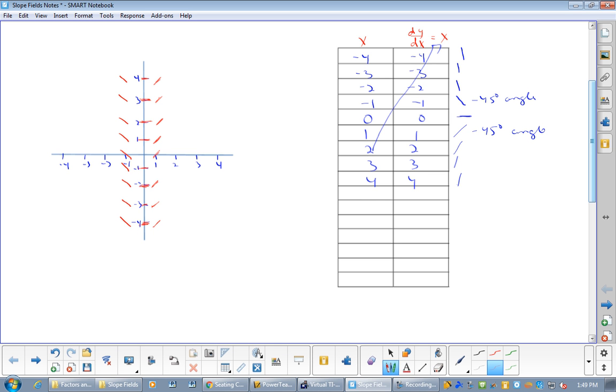Now at 2, the slope is 2, so it's just going to be a little bit steeper than the last one. Oops, and it's tough to just eyeball this, right? You don't want to be too steep because we still have 2 more slopes to do. And then at 3, the slope's got to be even a bit more.